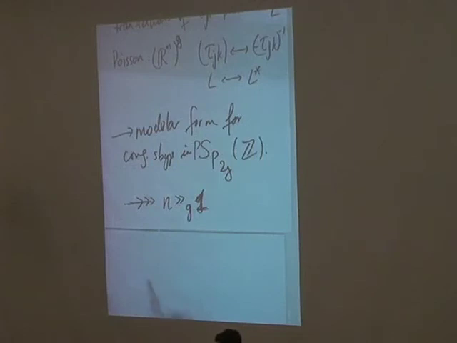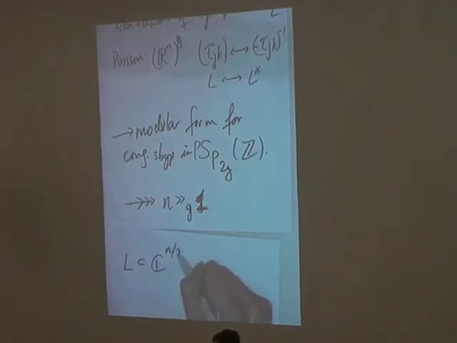For example, supposing that I have a lattice L that's not in R^n, it's in C^(n/2). So n is even. And in C^(n/2), I have a Hermitian form.